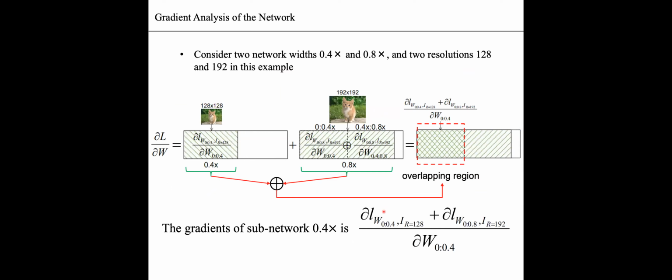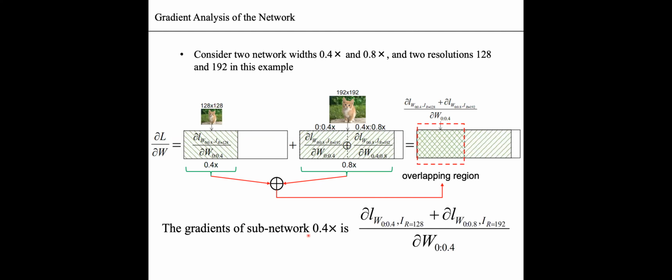So how does this mutual learning work? Let's look at the gradient and do some analysis. For illustration purposes, let's consider a simple case. We have 2 subnetworks, one with width 40% and the other 80%, and we only have 2 resolution options, 128 and 192. Because of the loss accumulated during training in this mutual net, the gradient also comes from different parts.